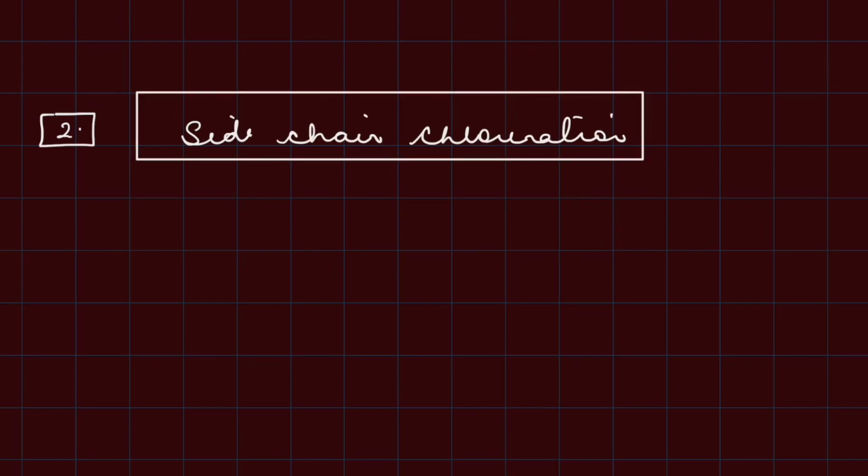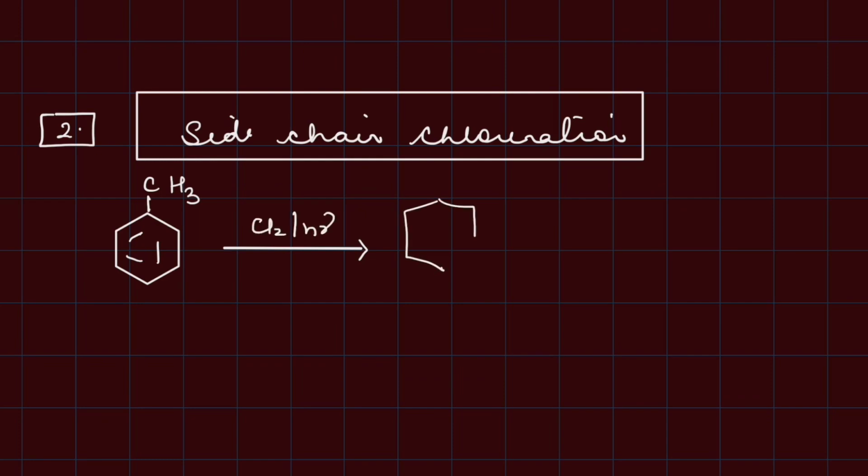Next method, side chain halogenation. In side chain halogenation, we take toluene, then 2 hydrogens are replaced by 2 chlorine atoms by free radical halogenation.